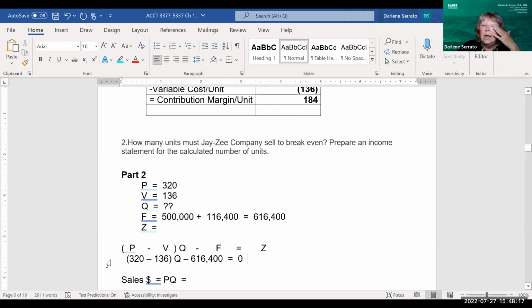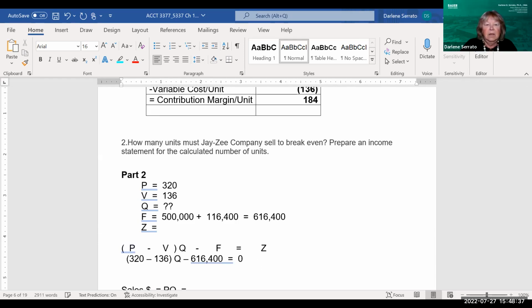The reason I use this formula is because you're not always solving for Q. Sometimes you might be solving for what selling price is needed. It's a lot easier to solve for P when you're using the formula in this format.